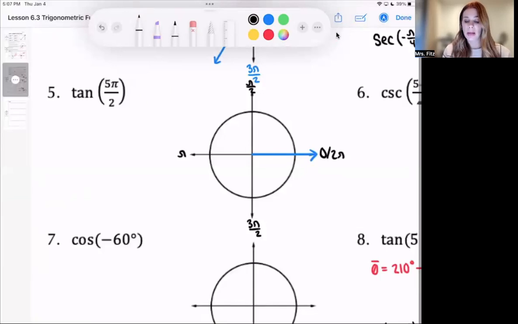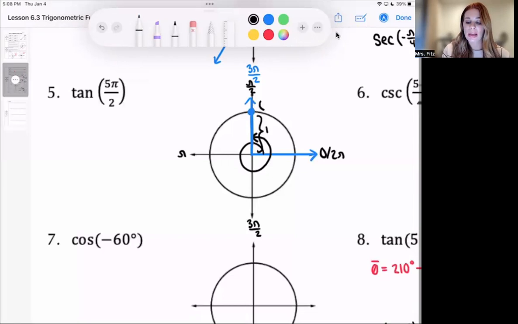So we go 1 pi over 2, 2 pi over 2, 3 pi over 2, 4 pi over 2, 5 pi over 2. We are actually coterminal to pi over 2 right here. Now, this one is hard because you actually can't make a reference triangle, because if you drop a perpendicular, it's just a line, right? But remember, the distance of that is always 1.